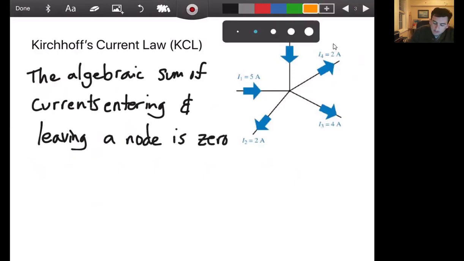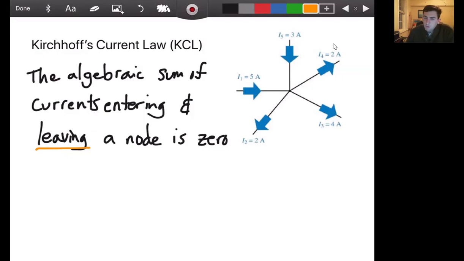Now, what I'd like to elaborate more on here is that this says entering and leaving. For the sake of simplicity, we'll discuss only leaving when we make our equation so as to not confuse ourselves on direction. That is, we'll set all of the currents as if they were leaving, equate that to 0, and use that to solve.